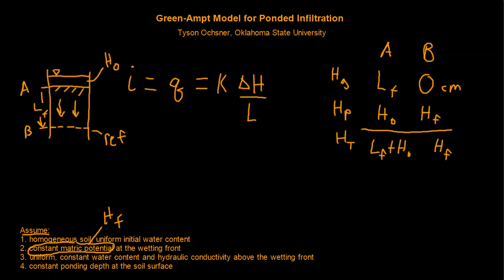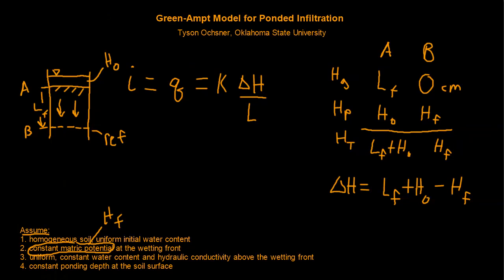Therefore, the key variable which I need, this delta H in the Buckingham-Darcy equation, is simply L_F plus H0 minus H_F, which is, again, the matrix potential at the wetting front.